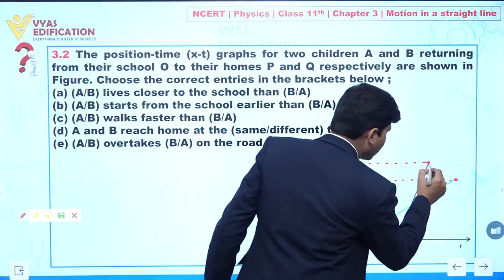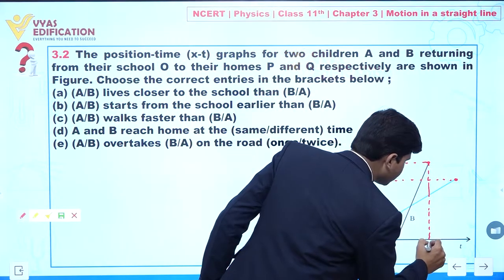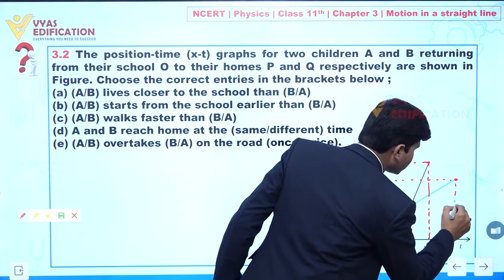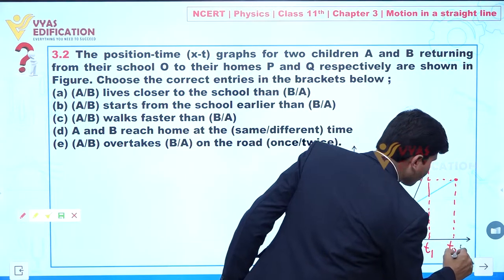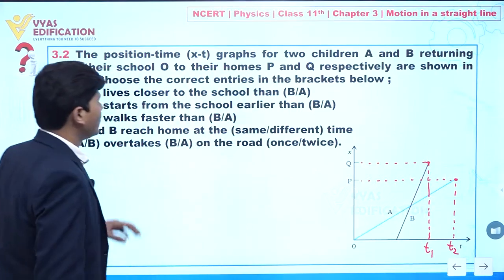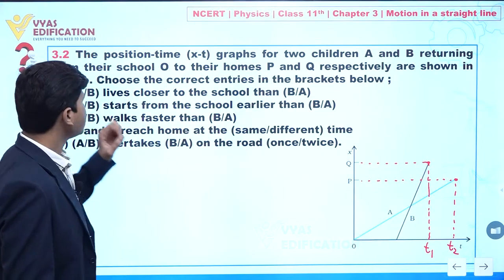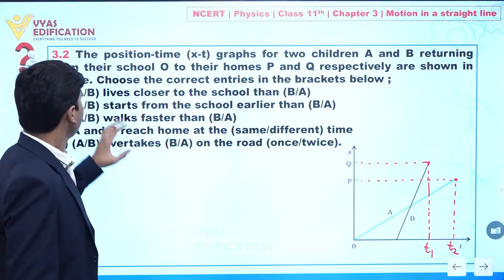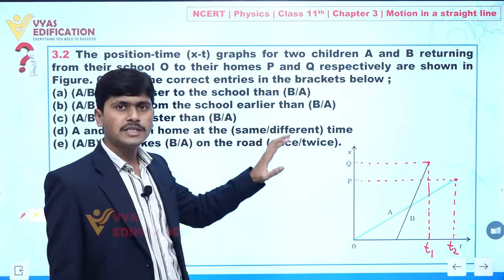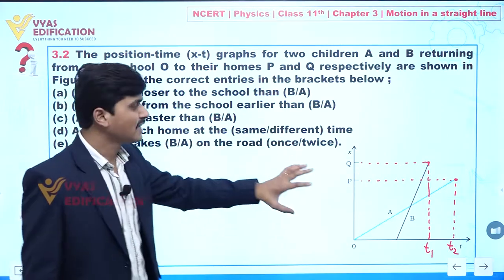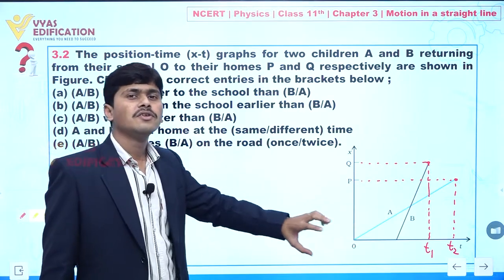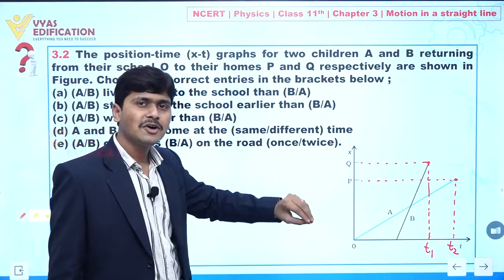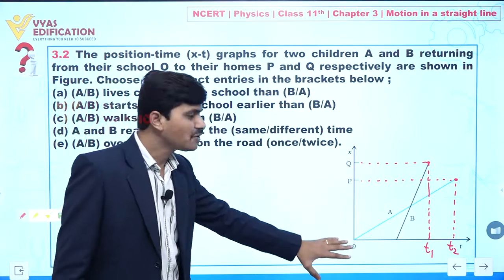So this graph is given to you. Let's suppose this time is T1, and according to this graph let's suppose this time is T2. Now listen carefully. In the first option we have to find who lives closer to the school, which means if we compare child A and child B, which one lives nearer to school.